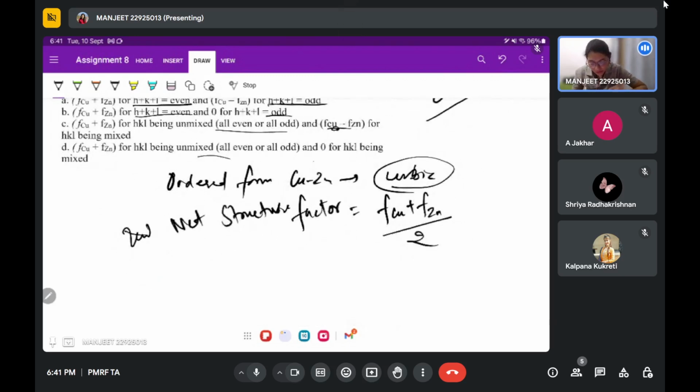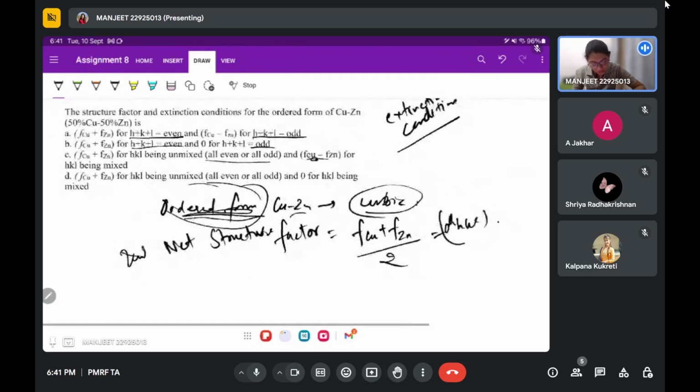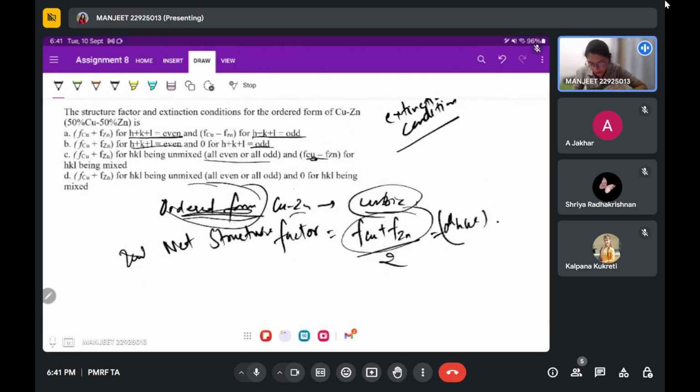And we know that this ordered form of the alloy has a cubic structure, so all HKL values are allowed. Individually, this is the net one, so they have mentioned F Cu plus F Zn, so this will be twice of this HKL value.